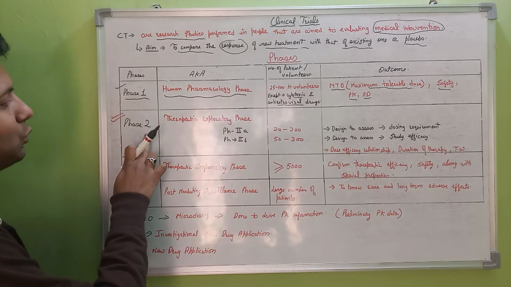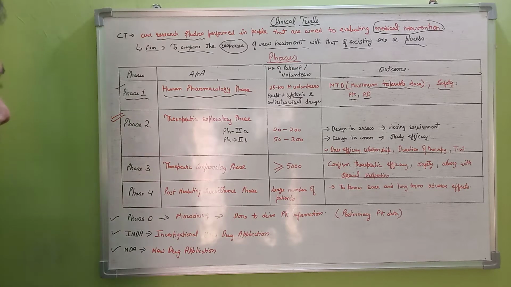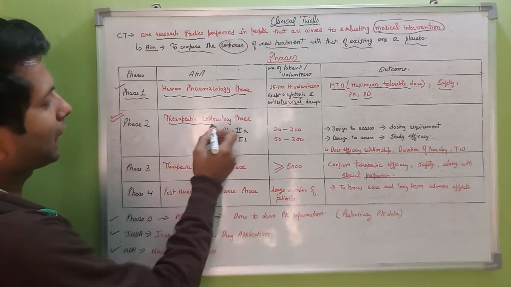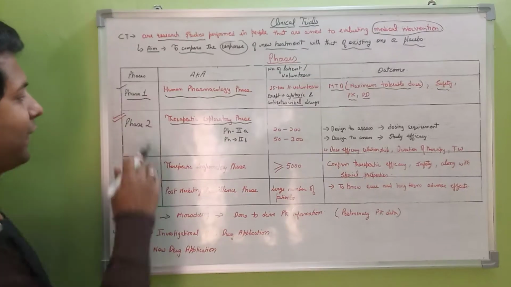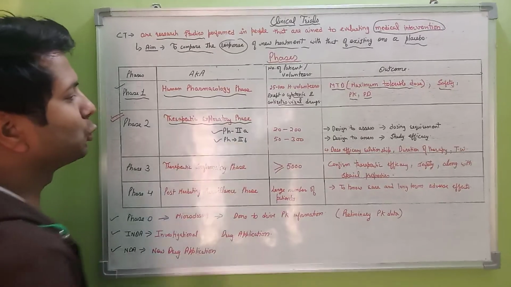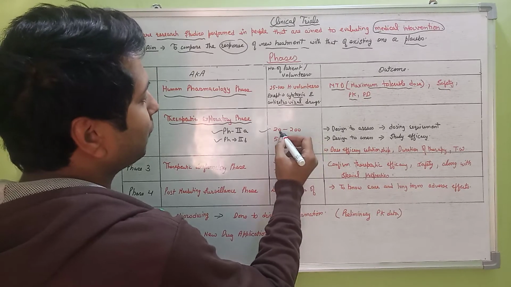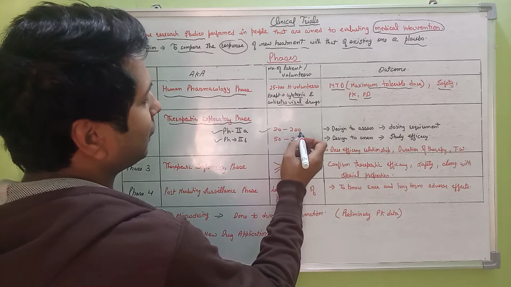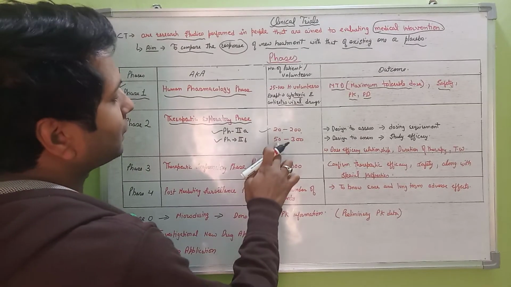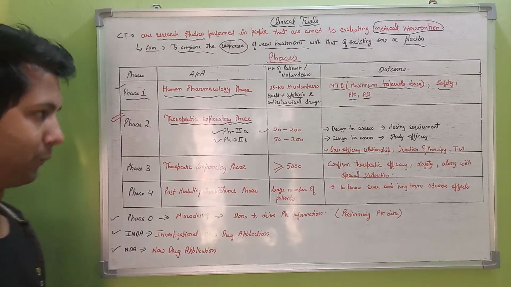Second is phase 2. This phase is generally the first phase in patients. It is also known as the therapeutic exploratory phase. Phase 2 is generally divided into phase 2A and phase 2B. In phase 2A, the number of patients is from 20 to 200, and in phase 2B the number of patients is from 50 to 300.